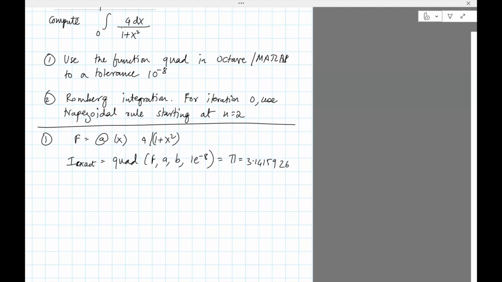I know many engineers and mathematicians use pi and exponential. You know what the value of e is? 2.71828.